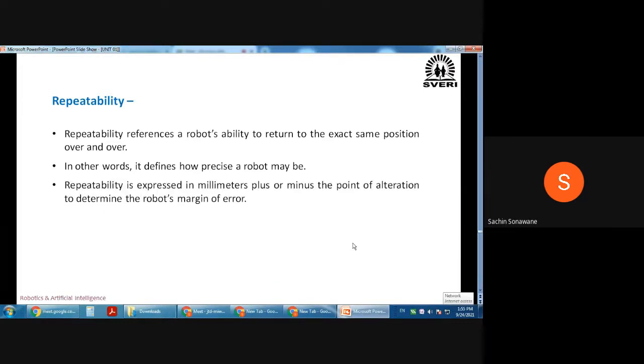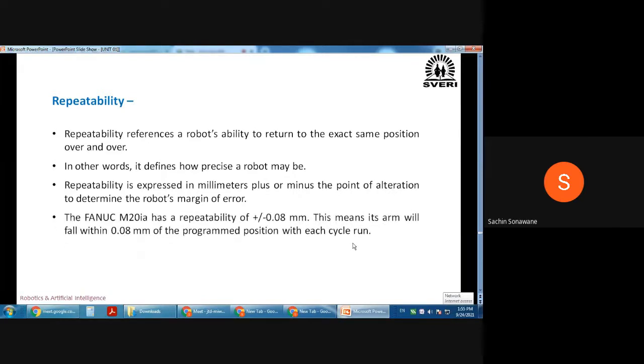Repeatability is expressed in millimeters plus or minus the point of alteration to determine the robot's margin of error. The Fanuc M20IA has a repeatability of plus or minus 0.08 mm. This means its arm will fall within 0.08 mm of the programmed position with each cycle run.